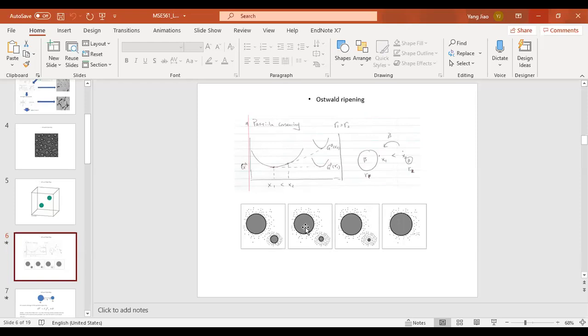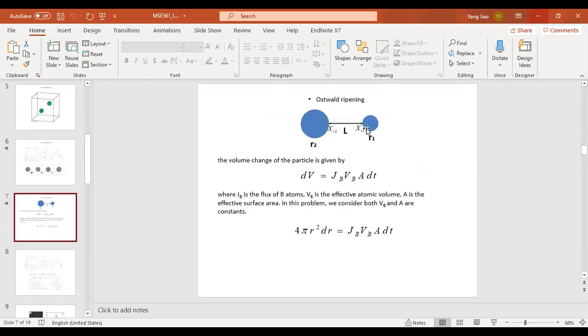So basically, if you have large particles versus smaller particles, the solute concentration in the alpha phase region immediately near the smaller particles is much higher than near the larger particles. And this will lead to an overall flux of solutes from the smaller particle to the large particle.